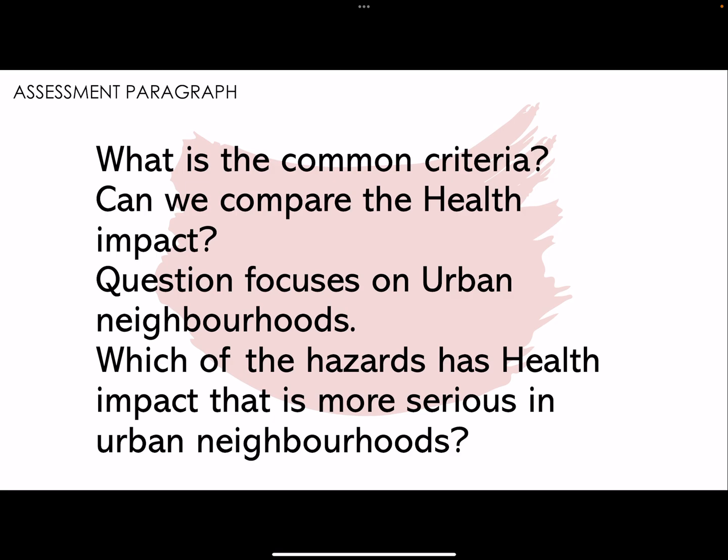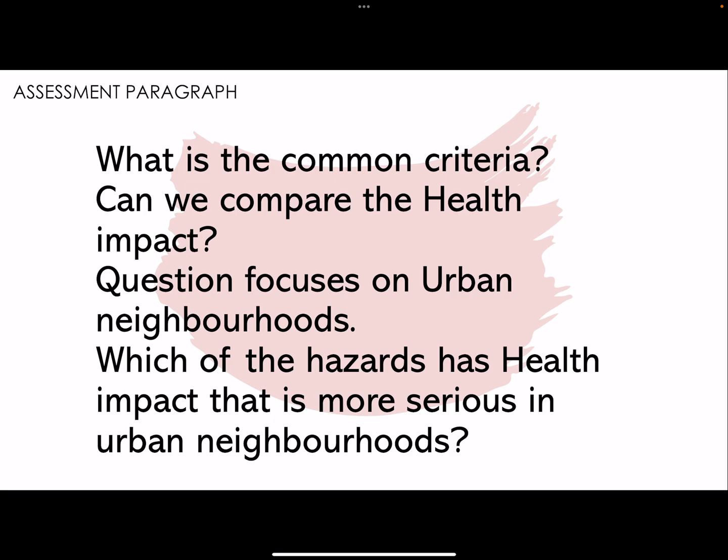But bear in mind, the question focuses on urban neighborhoods, which means that if you are looking at the health impact, one more important layer that you could consider is which of these two hazards actually has a stronger impact in the urban setting, right? And you should provide some explanation on why that particular one has a stronger impact in the urban neighborhood, because then you have truly answered the question.